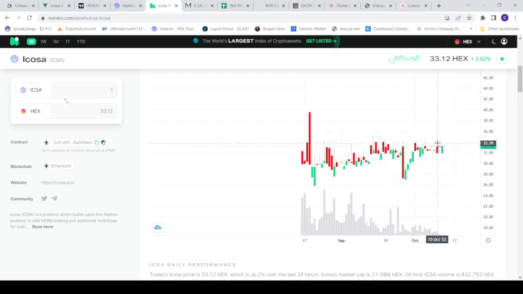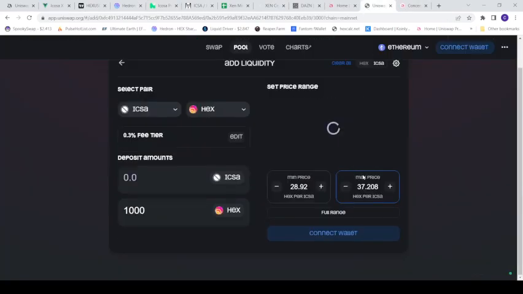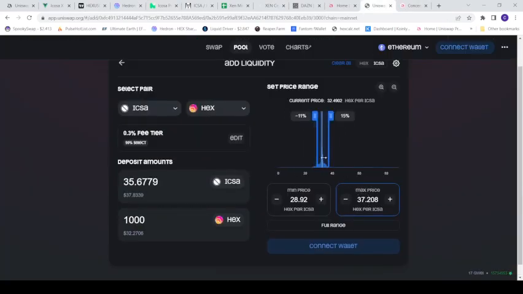So you would be left with, hold on one sec. So yeah, you would be left with mostly Icosa if it ran up, I believe.